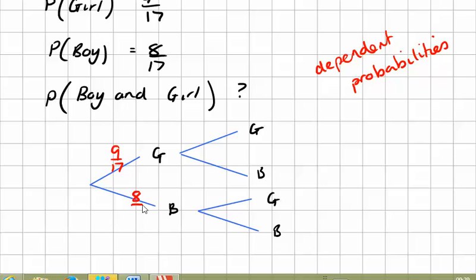Right, now here's the thing. I'm only going to tell you one more because you're going to finish this off for yourself, for homework. I'd write this down rather than writing the agenda just yet. What is the probability of the second person being a girl? 8 out of 17.